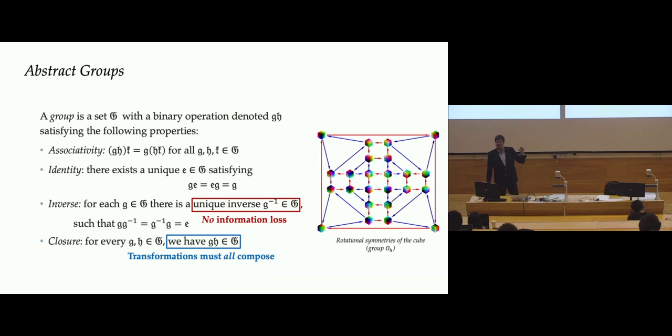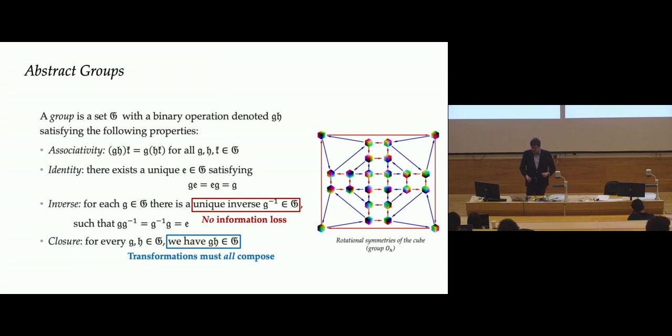The requirement that your transformations in a group have a unique inverse, and that the set of all operations closes under all the elements. So the first one implies that every single transformation must not lose any information. The second one implies that all pairs of transformations must compose with each other.